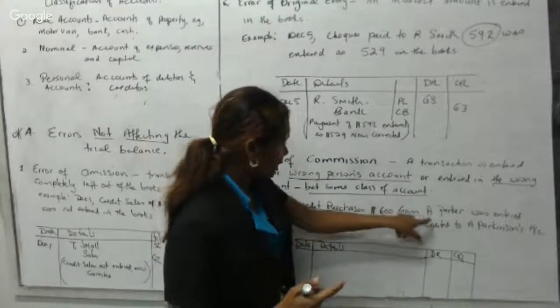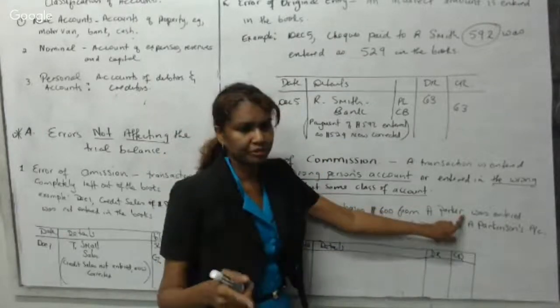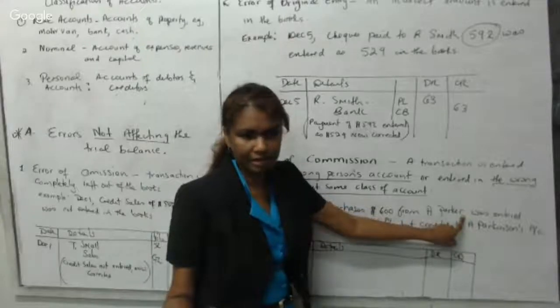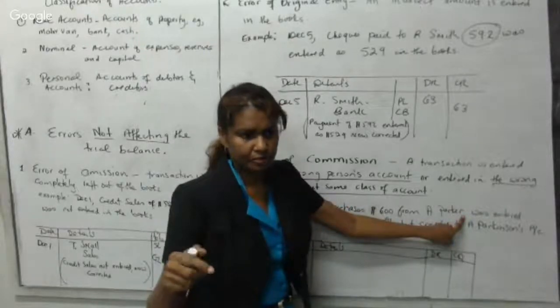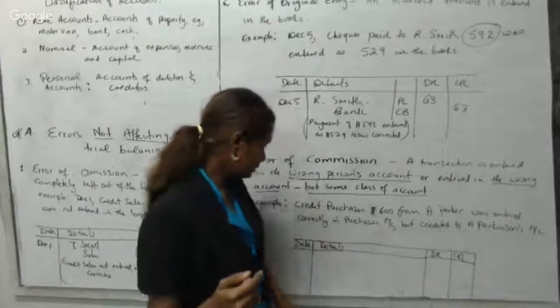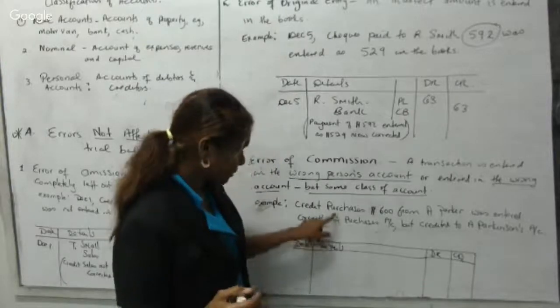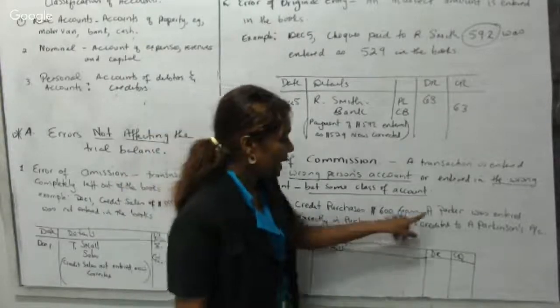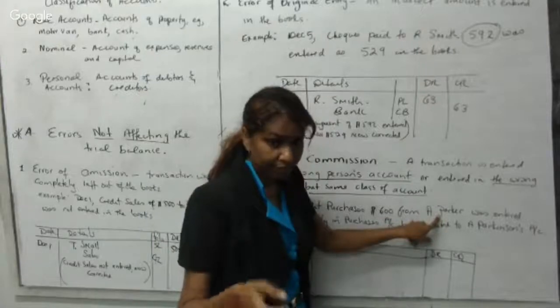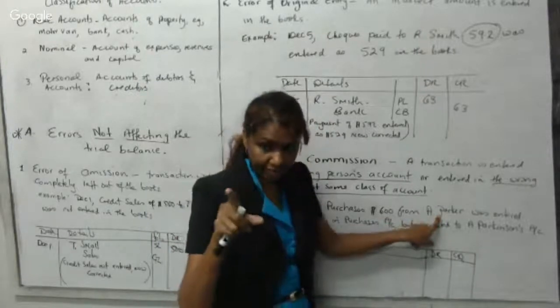Credit purchases from A. Parker. What should your double entry be if you're buying goods from A. Parker on credit? Debit purchases and credit Parker, right? Debit purchases and credit Parker.